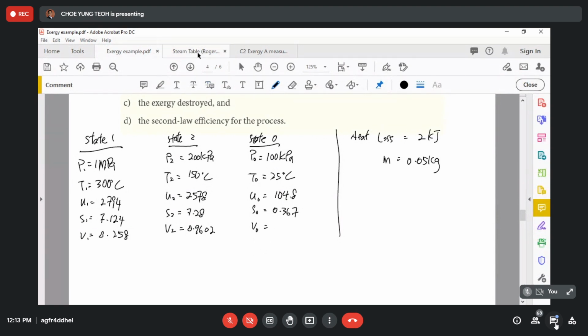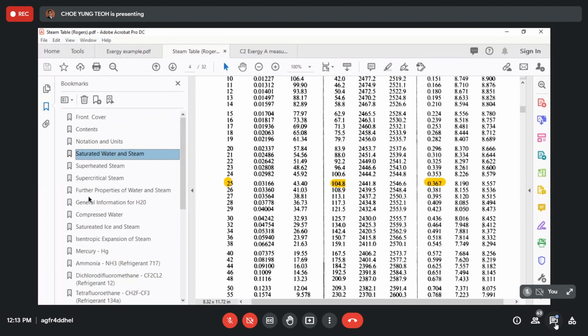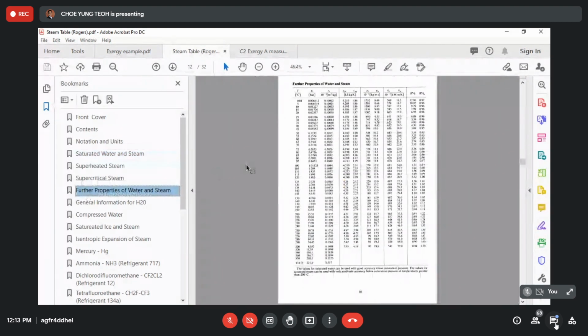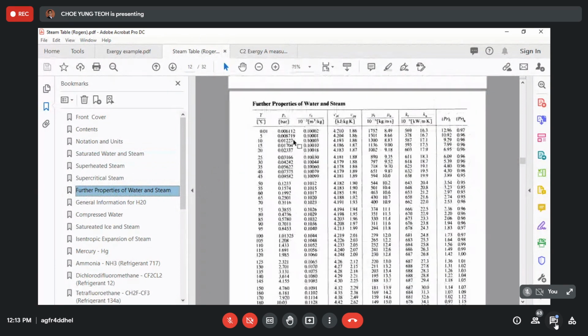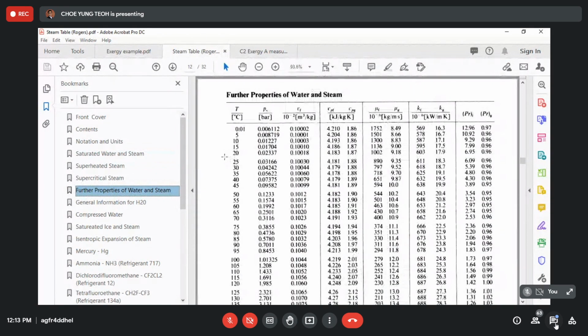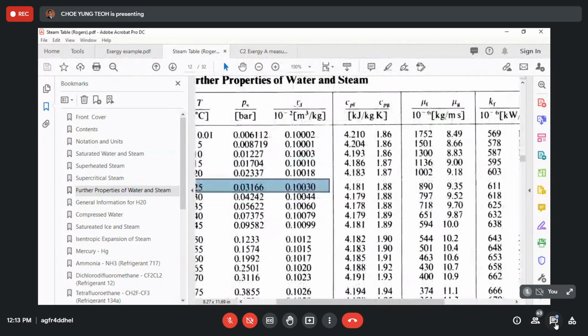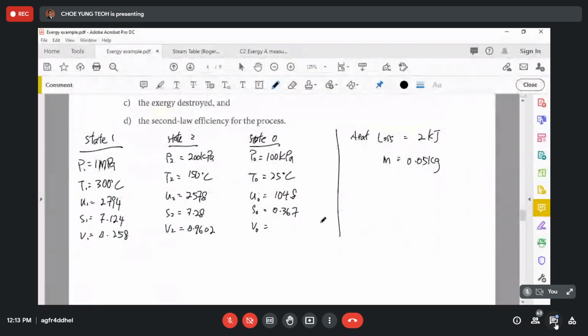And now the specific volume of water. For this one we can refer to the properties of the steam. Our temperature is 25 degrees Celsius. You can see that VF, the specific volume of fluid, is 0.1003 times 10 to the power of negative 2.